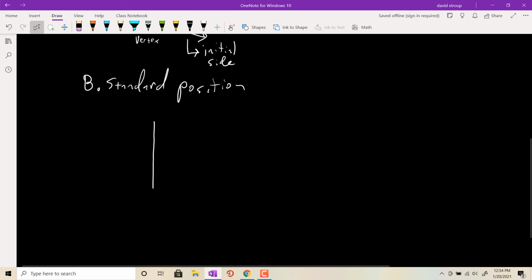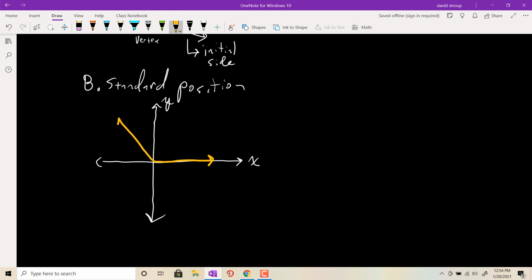Here is our XY plane drawn out: the x-axis and the y-axis. We're always going to put the initial side on the x-axis. Then, thinking like a compass, you open it up to whatever degree you want. I'll open it like this, and we have this angle theta.